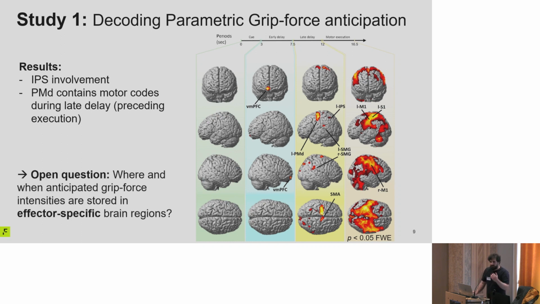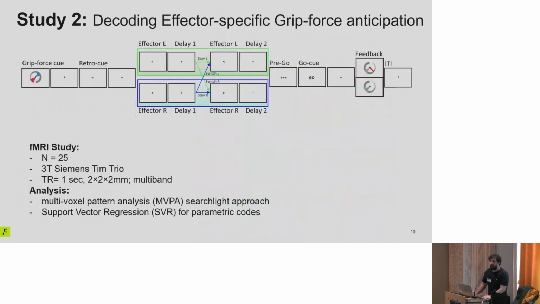Interestingly, we found pretty strong lateralization in the effect, but since the task involved just one effector, namely the right hand, we were not able to fully control for the effector-specific coding of the parametric grip force. Thereby, in a second study, we asked participants to prepare with two hands the to-be-applied force intensity.